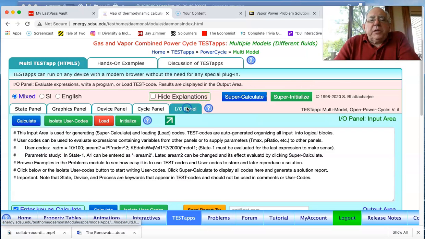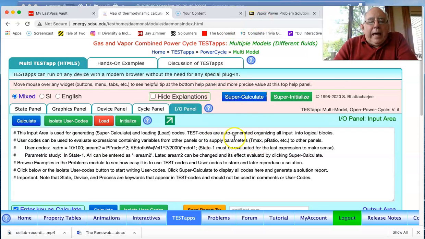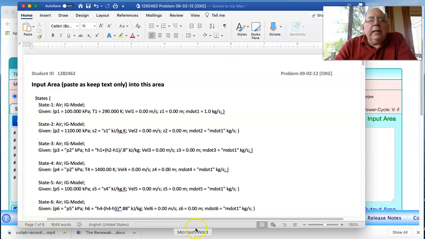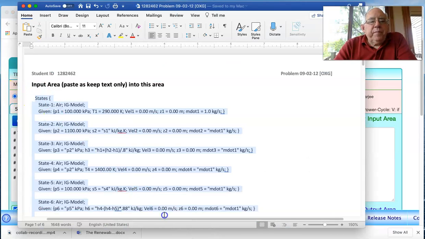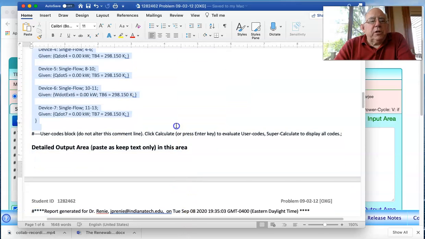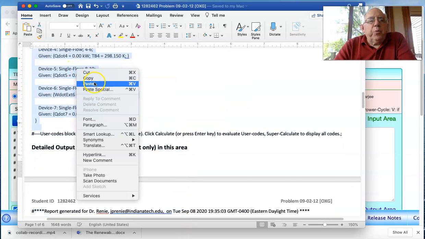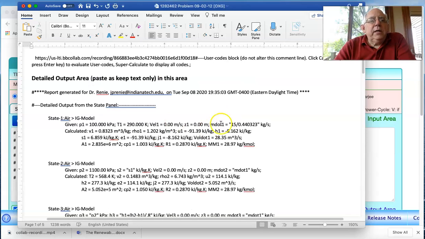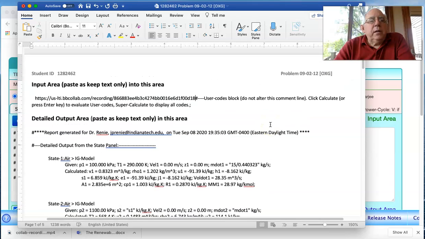And so for this particular case, again, I'm going to go ahead and bring in my solution. And then we'll just walk through the various states, the solution along with the appropriate device panels. Let's see what happened here.